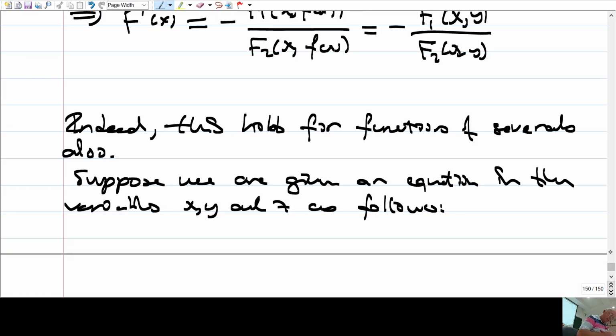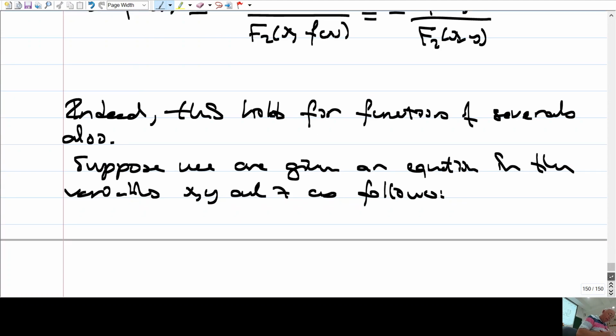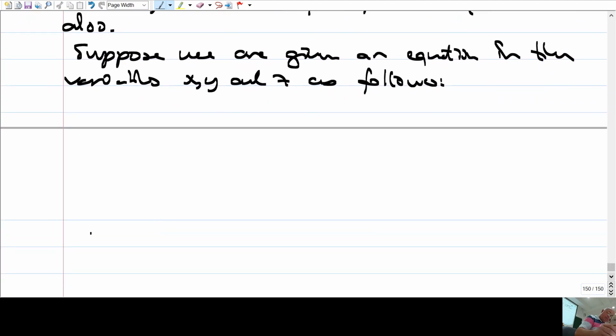Diyelim ki şöyle bir denklem verilsin. İşte f(x, y, z) eşittir 0. Tamam mı? Şimdi we have three variables in one equation.